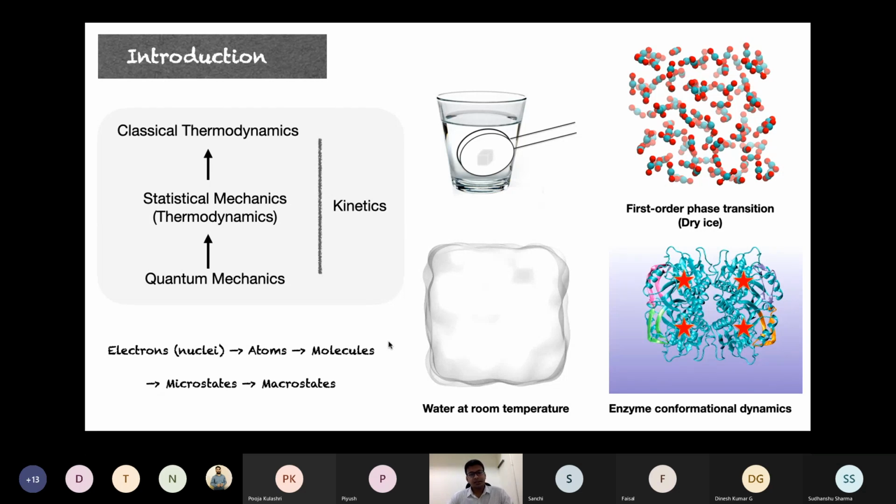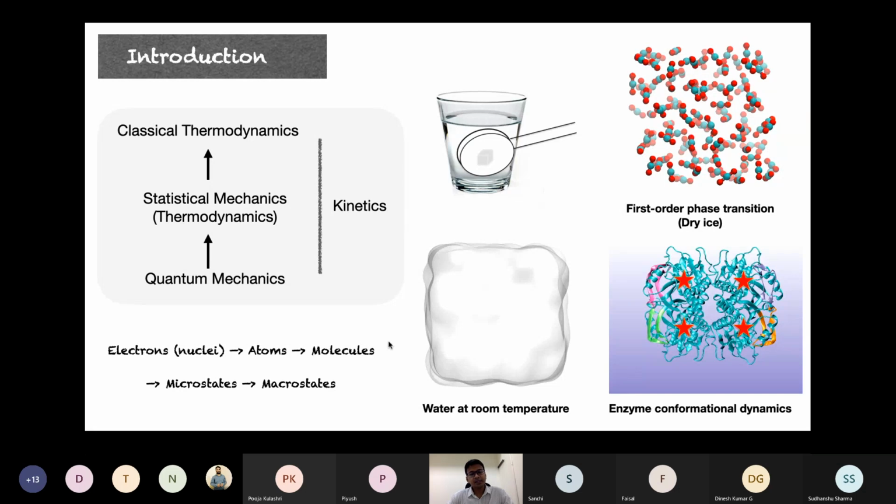So how do we study these different types of systems? If you want to study electrons and nuclei, or subatomic particles, you have to take the help of quantum mechanics. When you want to study atoms or molecules, you switch to statistical mechanics or statistical thermodynamics, where you deal with molecules, atoms, and microstates and how they behave. From there, you can understand the thermodynamic state, so you switch to classical thermodynamics.